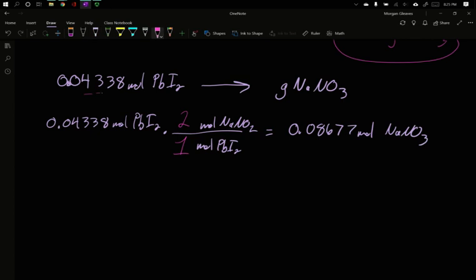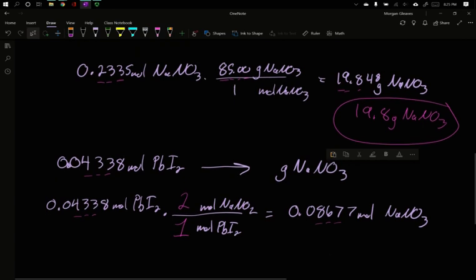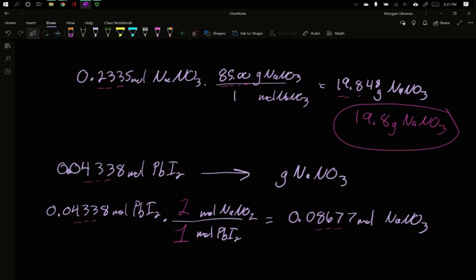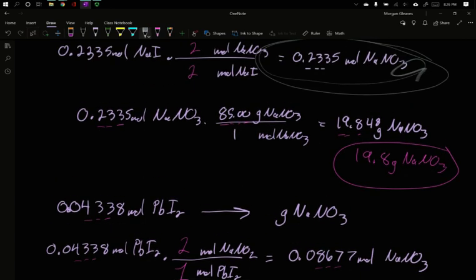And if we were tracking, there were 3 sig figs. So there's still 3 sig figs. This gives me my moles of sodium nitrate, which if we compare to before, up here we've got 0.233 mole of sodium nitrate, and down here we have about a third of that. So we have less sodium nitrate.